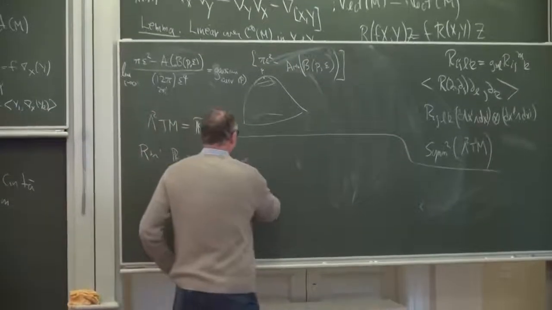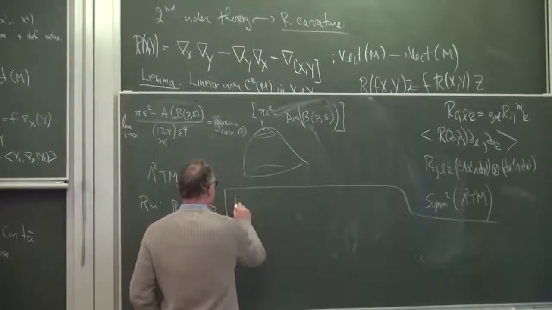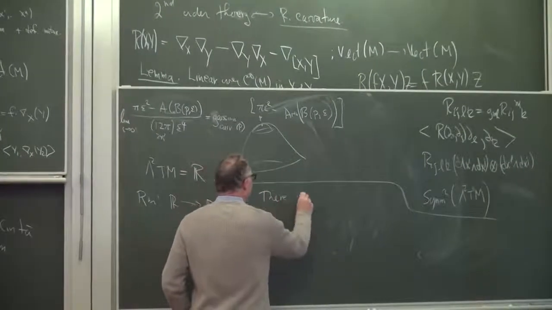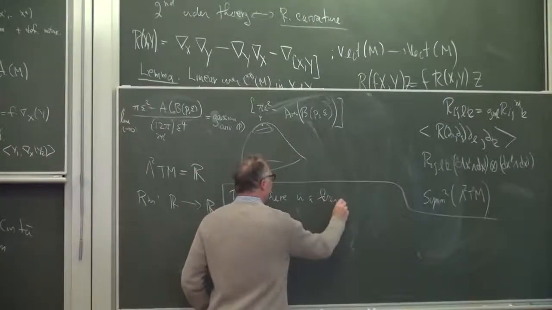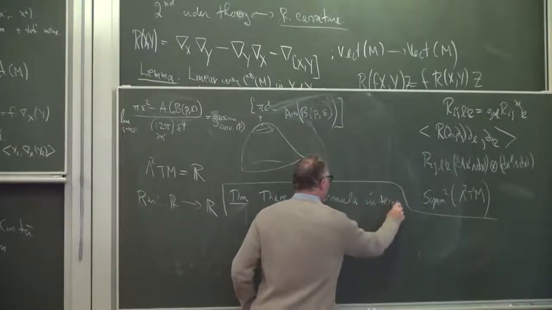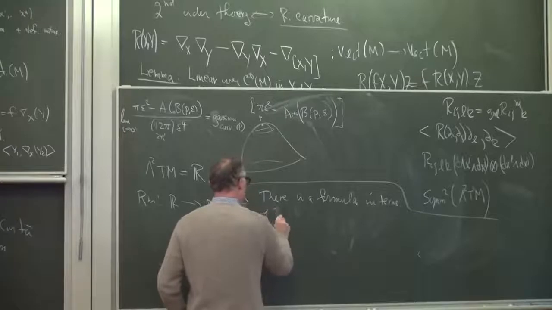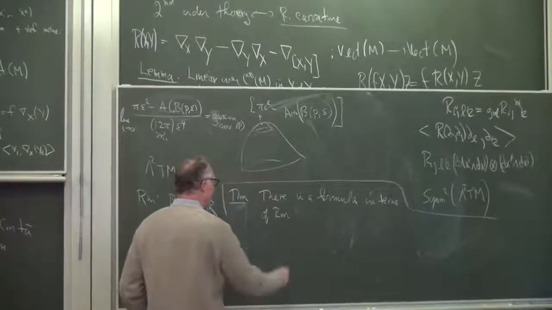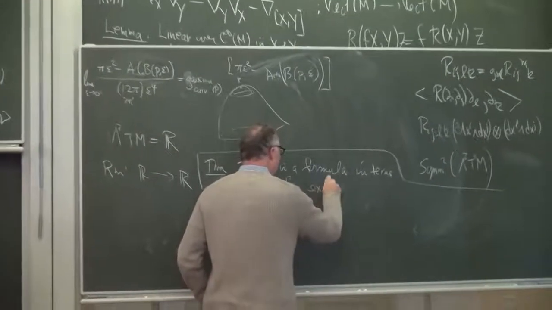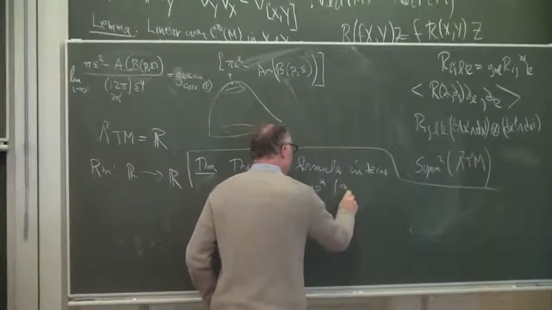But there is a formula in terms of the Riemannian curvature tensor, which I'll call Rm, for the pullback under the Gauss map of the metric.